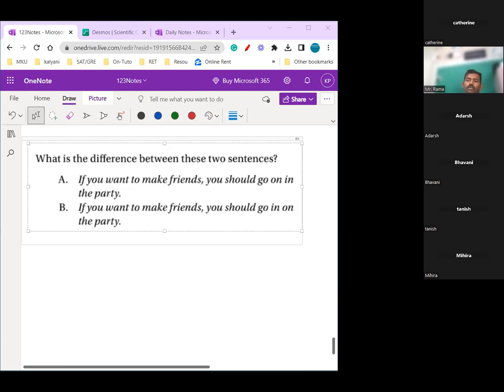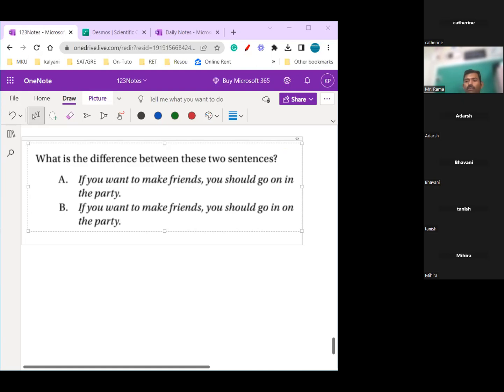Some idiomatic phrases have an essential meaning, like breaking up, breaking down, breaking in, or breaking out. These all have different meanings, even though they all start with breaking. So they're all different activities.